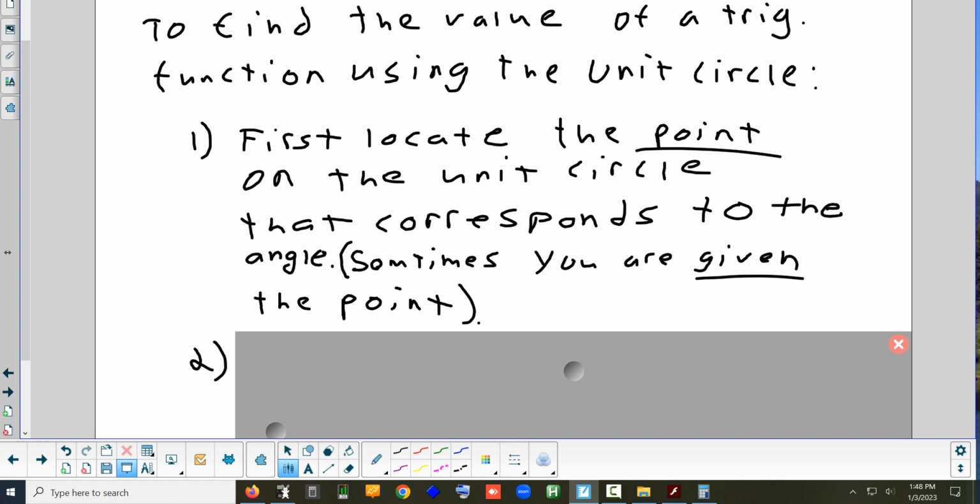So we know for 90, it's 0, 1. 180, negative 1, 0. You've got to find that coordinate first. And notice the last thing I wrote in parentheses. Sometimes you are given a point. So if they give you a point, then you don't have to do anything to find it. It's given automatically.